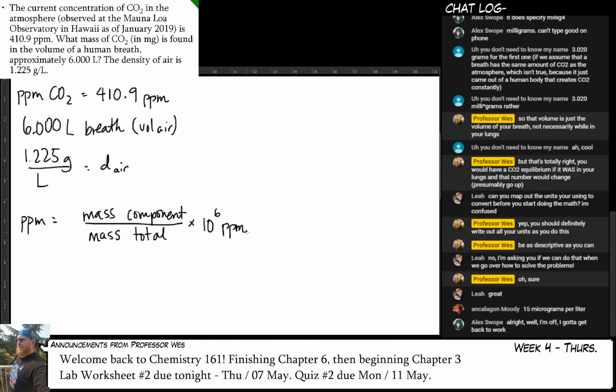So what we want to do is solve for this top part, because that's going to be the mass of CO2 that we want to look at. This down here is going to be the mass of air in the breath. And then this is just a conversion factor, so you could treat it as a constant. And I know that for the formula with CO2, all of this is going to equal 410.9. So I could put that in there at the end.